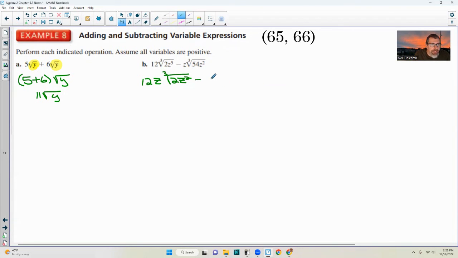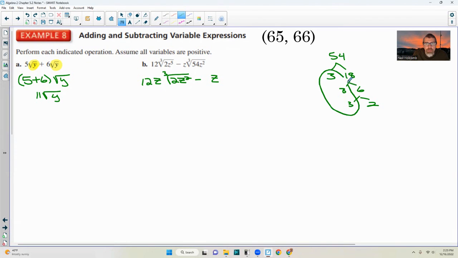So now it's minus z, and then I have a cubed root of 54. And I want to see if I can simplify that. 5 plus 4 is 9, so it'll be divisible by 3. 3 goes into 5 once, 3 goes into 24 8 times. 3 times 6 is 18, and 3 times 2 is 6.